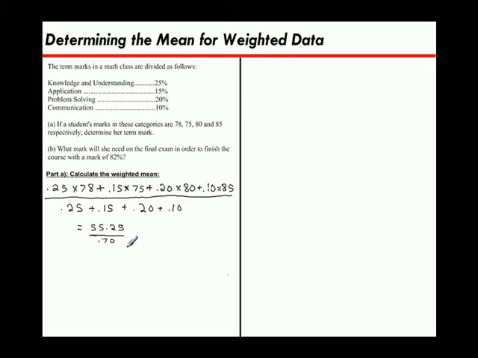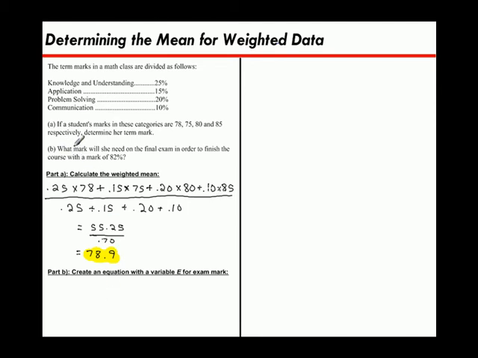So try and remember that tip for the next step in part B. Let's go ahead and just find our final answer for part A. Punching this number divided by this number into the calculator, let me know that her term mark was 78.9. Not so bad for a math class. And now that I know what she has going into the exam, let's move on to part B.